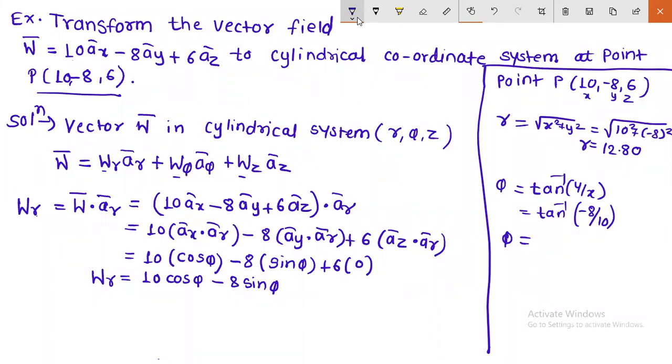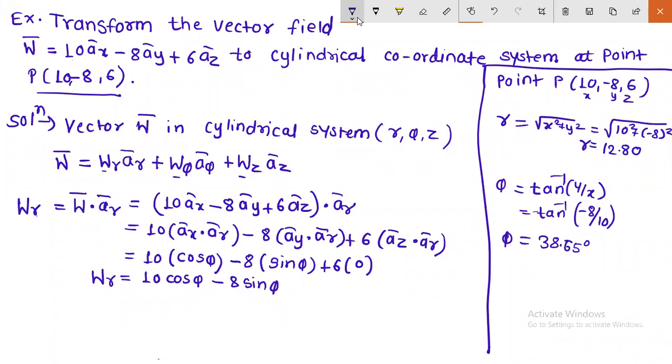All of you know how to find this? It is minus 0.67, yes, that will be your tan phi. It will be minus 0.8, and the angle comes to 38.65.